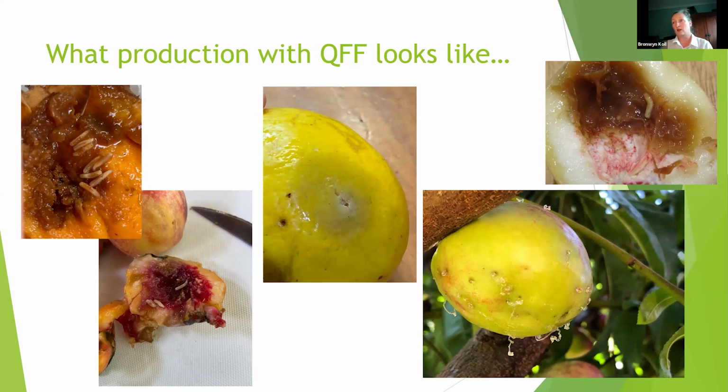So if you see an unripe peach or a ripening peach or nectarine, and you see this gum oozing out, almost like toffee, please go and investigate and see what you can see inside, because it is obviously suffering from some kind of insect damage, and if it's Queensland fruit fly damage, we should be acting straight away.